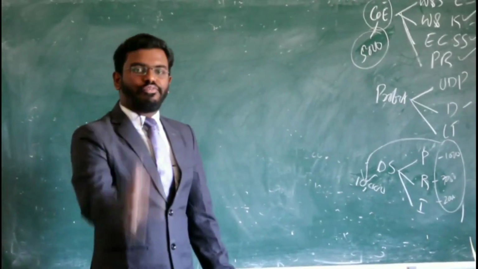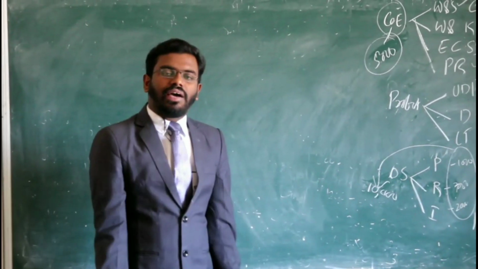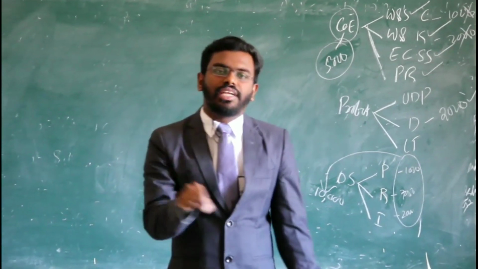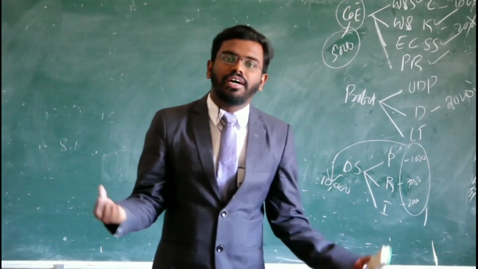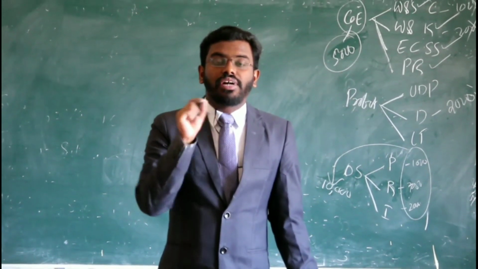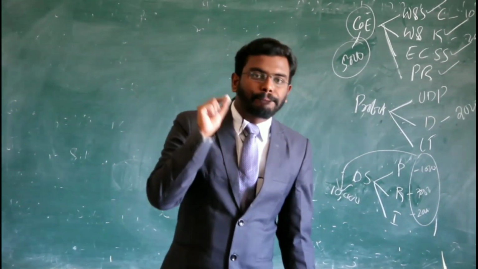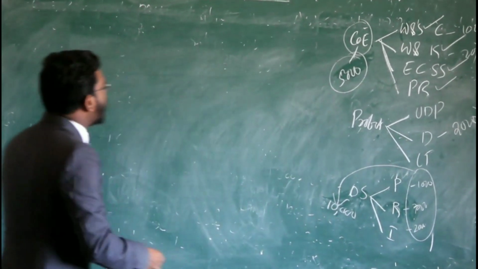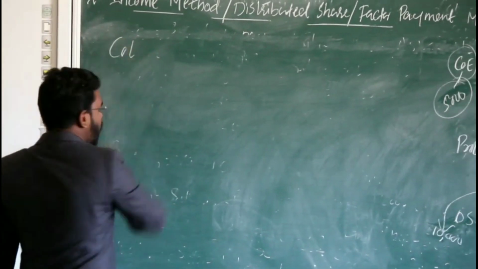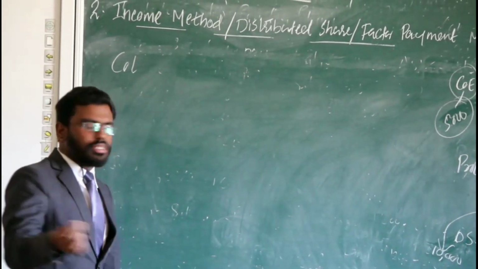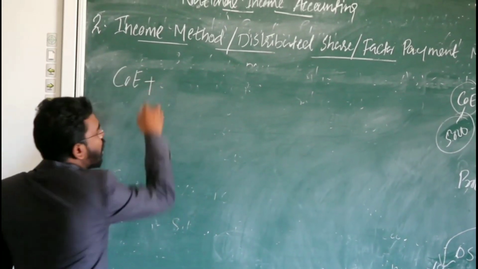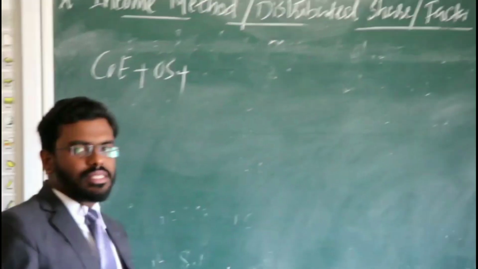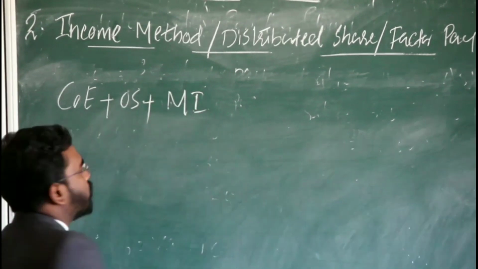Firstly, classify the factor incomes and add all of them. If we add all the factor income generated within the domestic territory, what will we get? Domestic income. What is another name of domestic income? NDPFC. What are the factor incomes? Compensation of employee, plus operating surplus, plus mixed income.